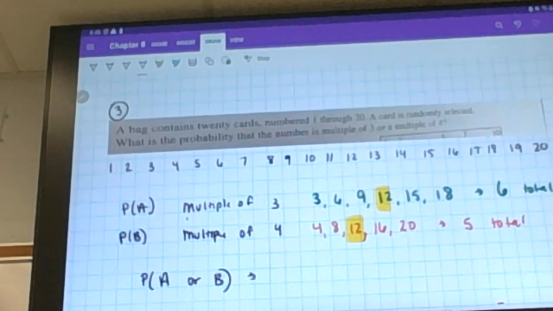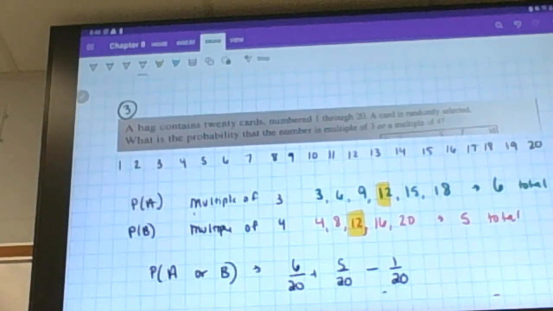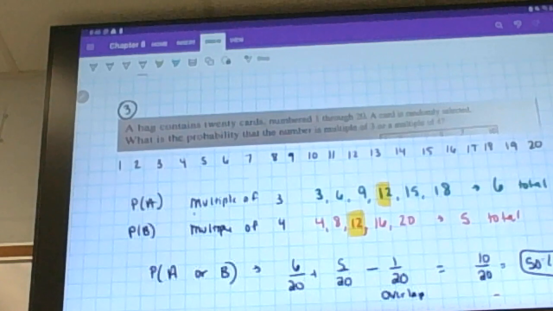So I'm going to do 6 out of 20 plus 5 out of 20 minus 1 out of 20 because one of them overlaps. You subtract the overlapping one. So that's 10 out of 20. So this happens 50% of the time. You get a multiple 3 or multiple 4 half the time you pull a card out.